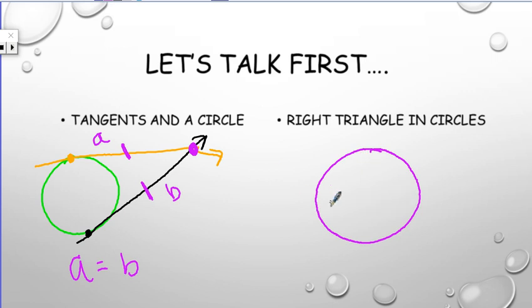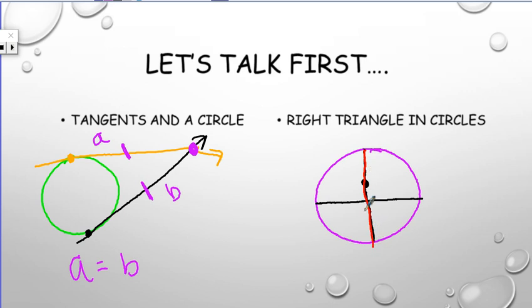Then I'm going to draw right here, and I'm going to make this the center of my circle. I'm going to draw a radius straight through here. Let me put it in red.